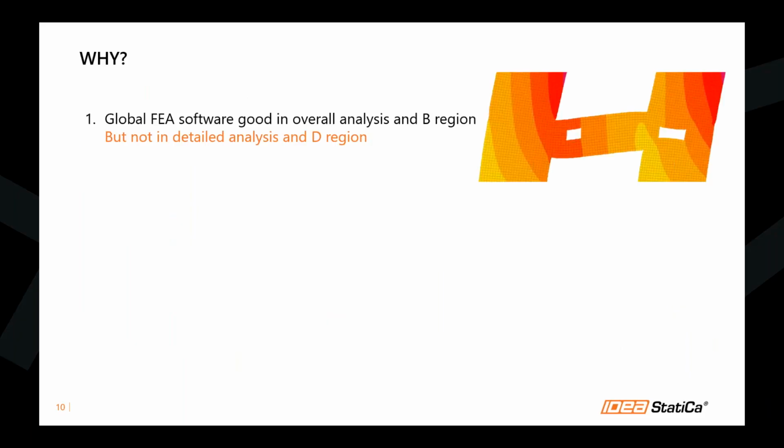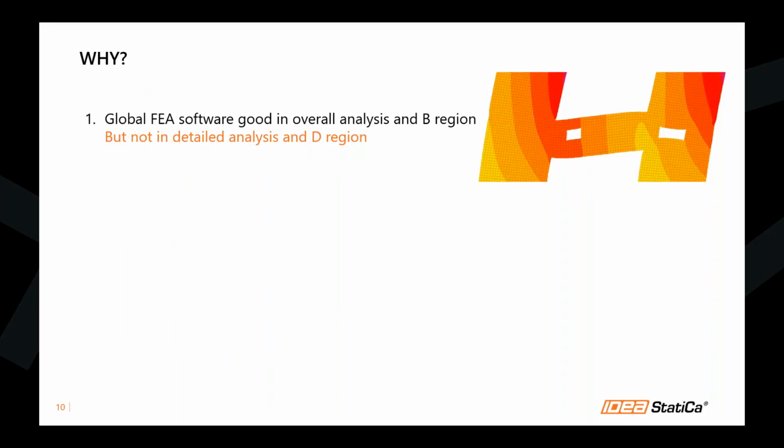Why did I talk about that? Because I want to emphasize why we are creating this link between Etabs and IDEA StatiCa Detail. So it's because global FEA software is good in overall analysis and B region, right? For example, you have a frame, you have a column, you have a beam.